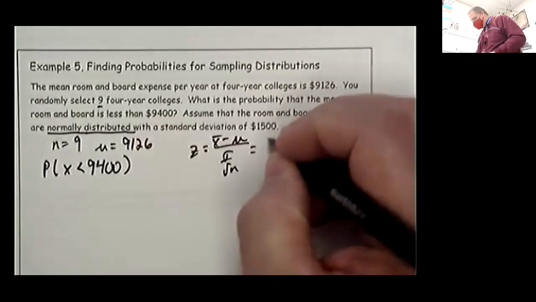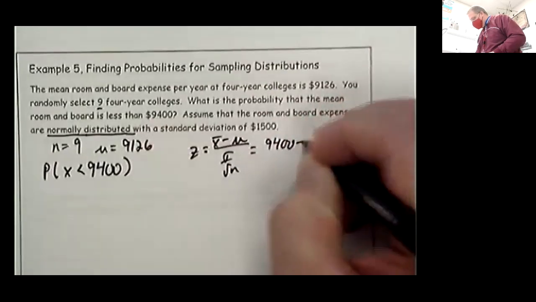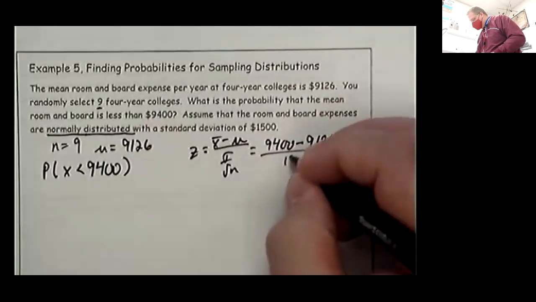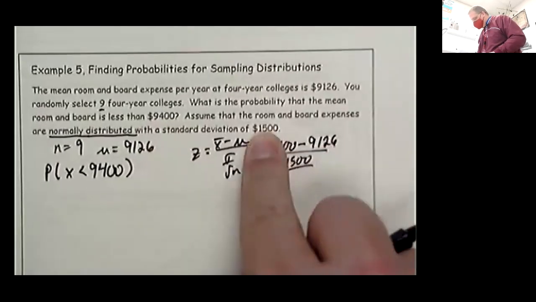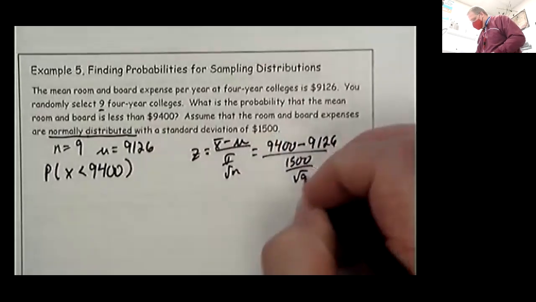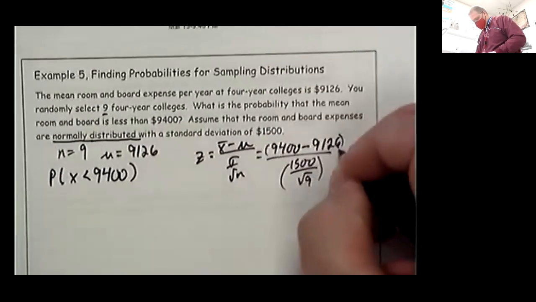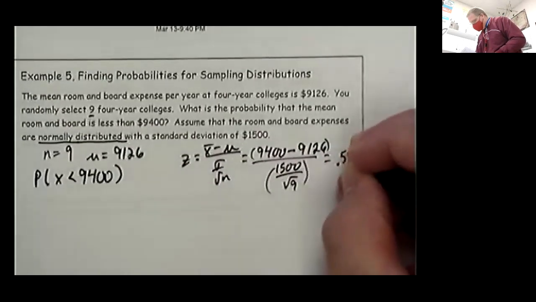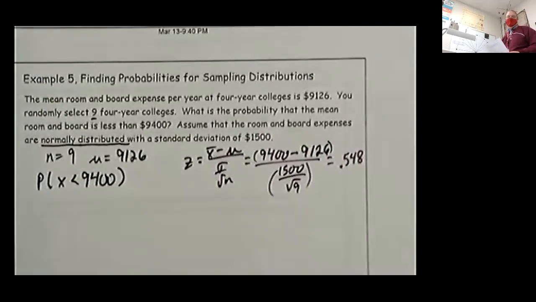That was 9,400 minus the average, 9,126, all over our sigma, which is 1,500, divided by square root of n. Again, put parentheses on all that. That should give you a z-score of 0.548.